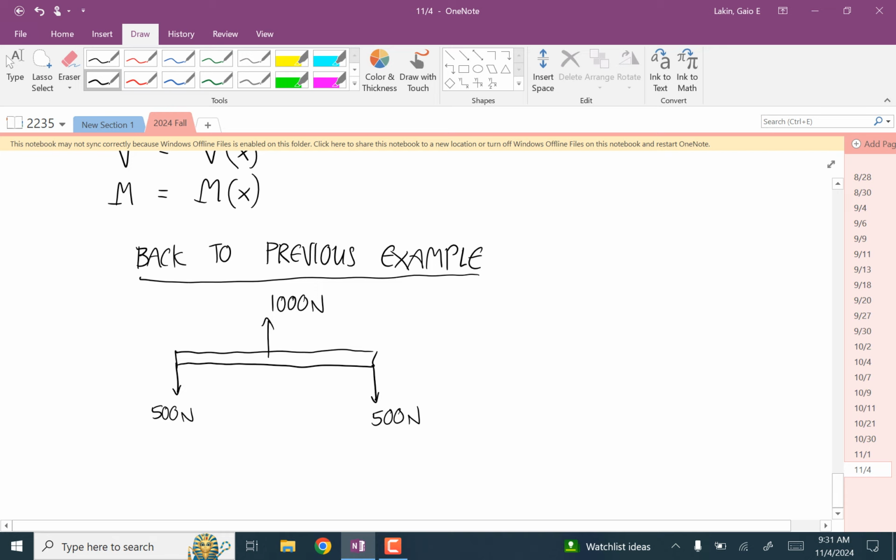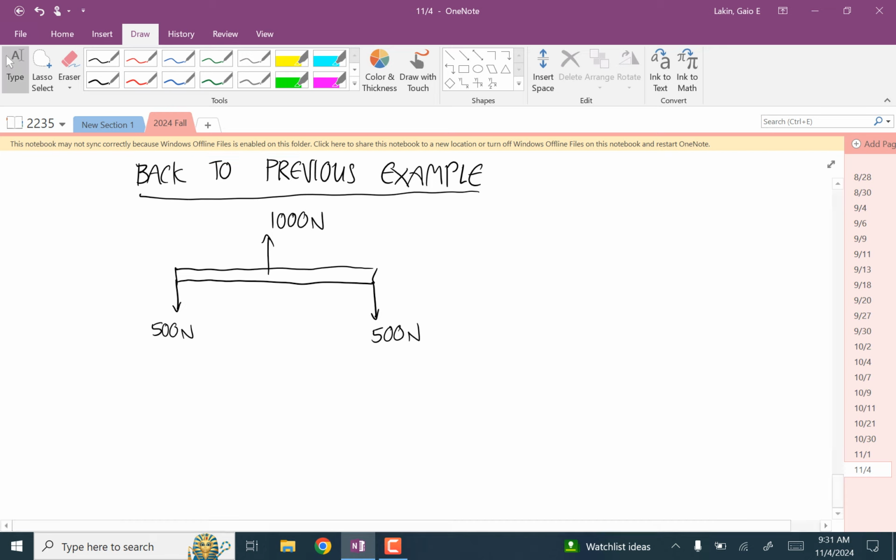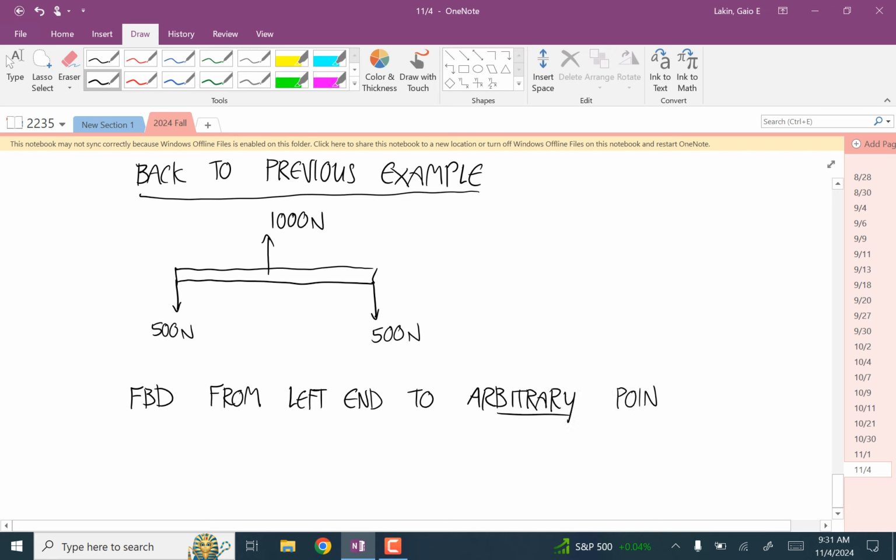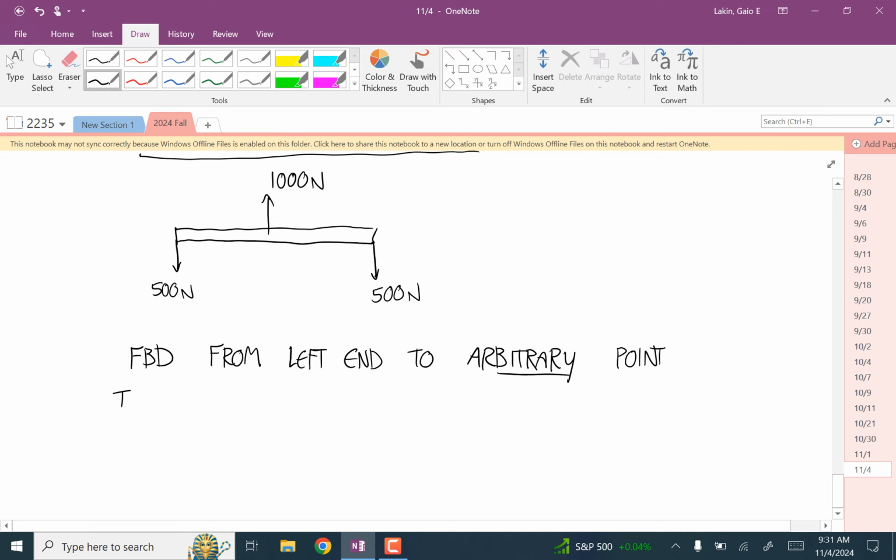Okay. And let's think about a free body diagram that goes from the left end to some arbitrary point this time, that's to the left of the 1,000 Newton force.